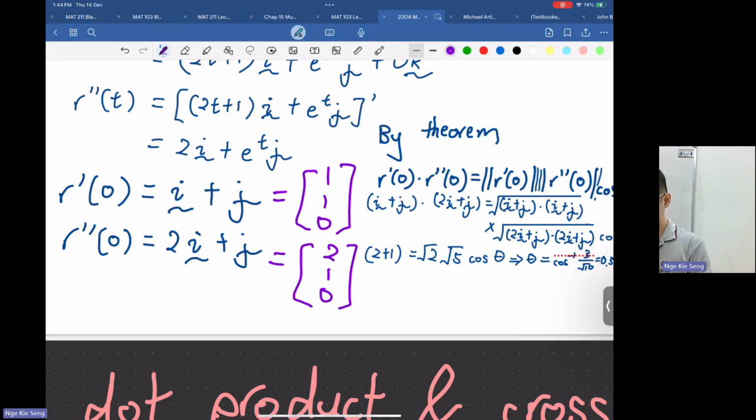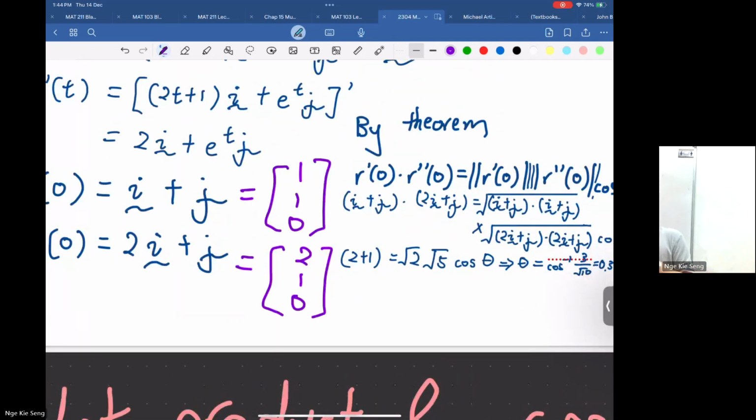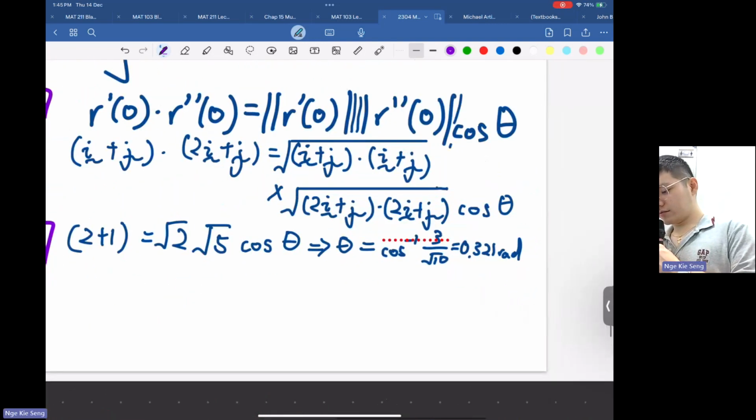What's the angle you get? In terms of radian, what do you get? I get 0.321.